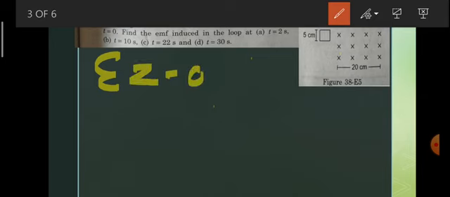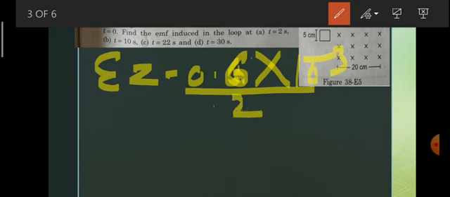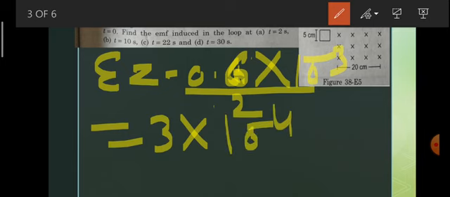So we have 0.6 into dA, which is 10 raised to power minus 3, over t, which is 2. On solving this, we find 3 into 10 raised to power minus 4 volt.